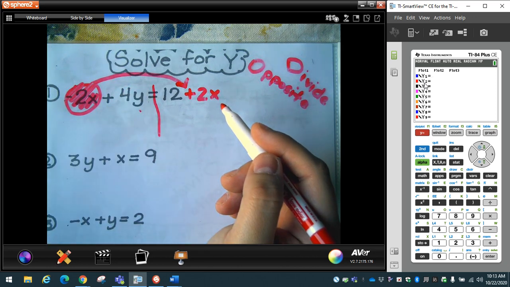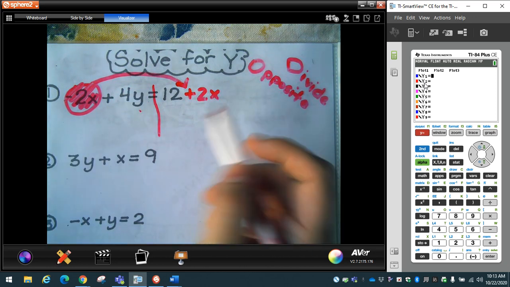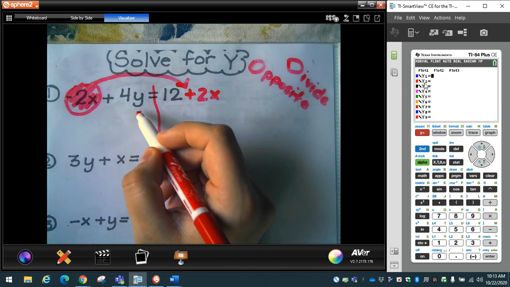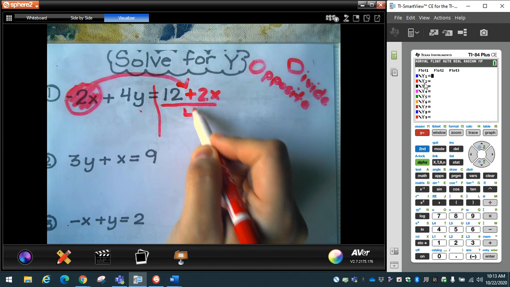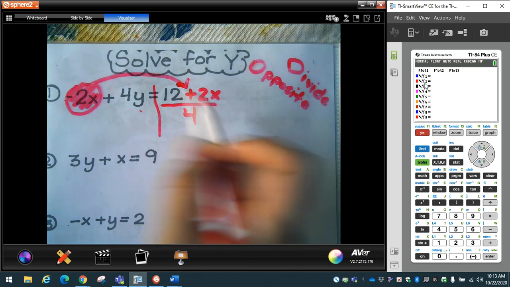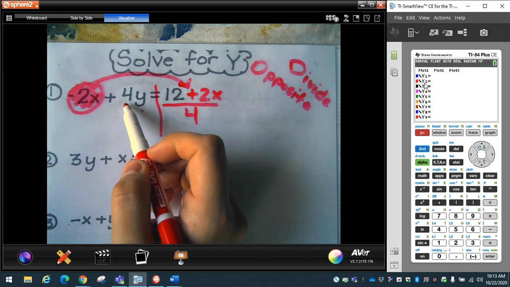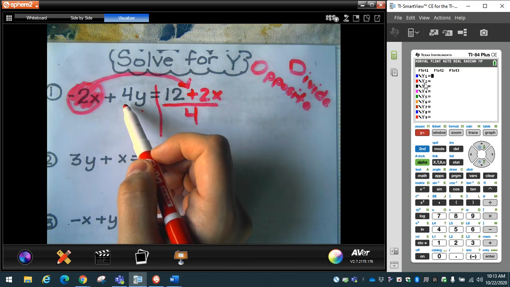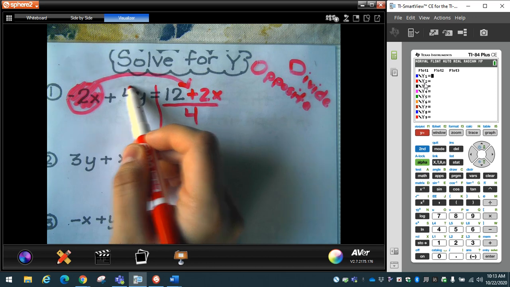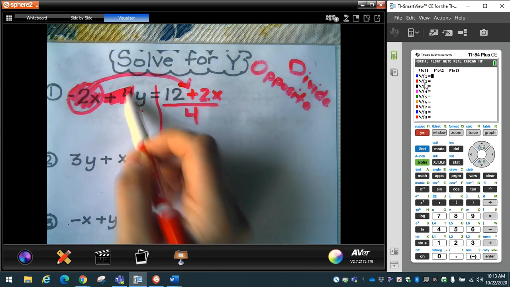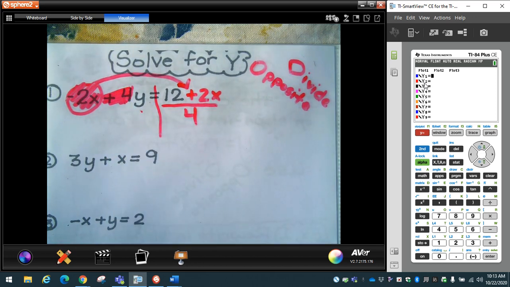Now I'm going to take my finger off. Whatever is next to y, I'm going to divide by it, so I'm going to divide by 4. This number is called the coefficient. You always divide by the coefficient of y. Now that I brought it over, I can scratch it out. And now y is by itself.